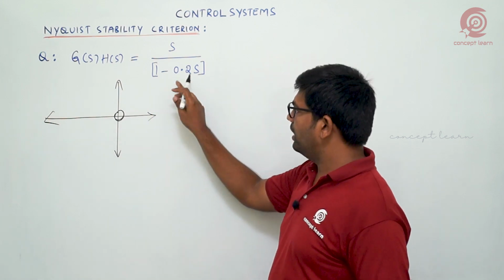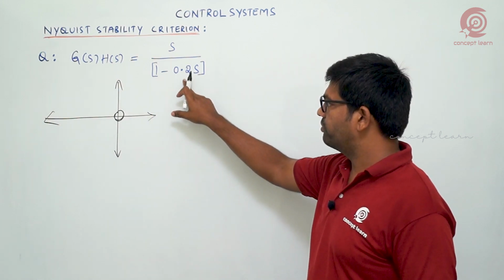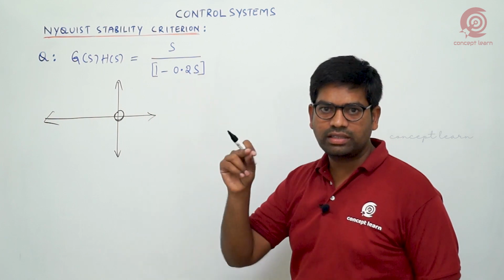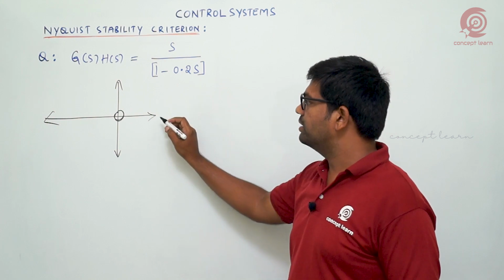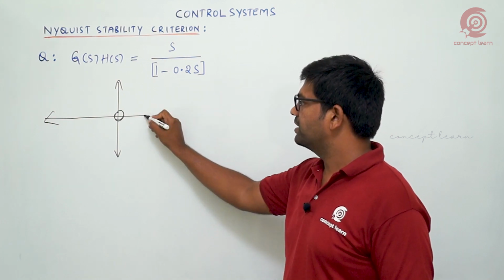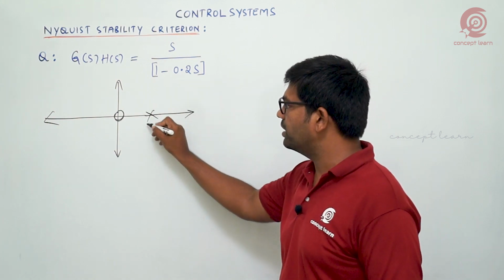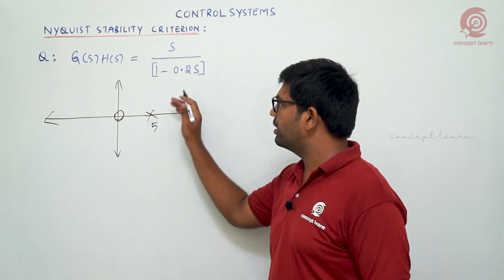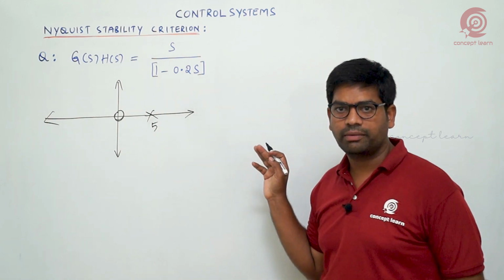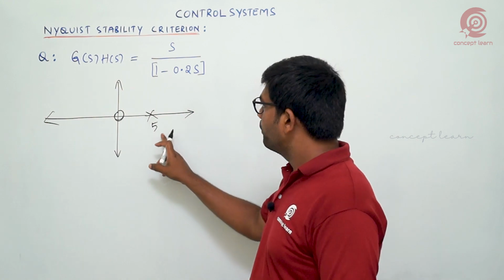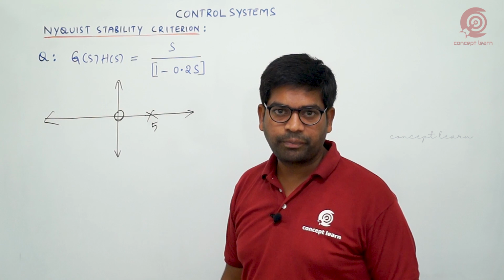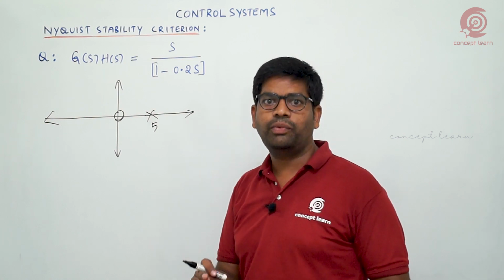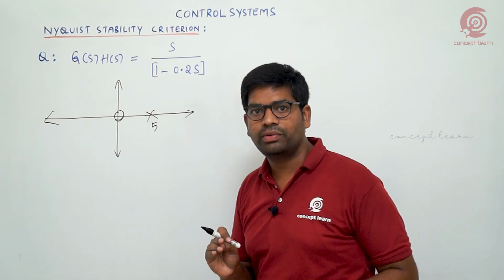If you equate the denominator to 0, we get the open loop pole location at exactly plus 5. Plus 5 means it is located in the right hand side of the S plane. So here one pole is located in the right hand side of the S plane. It is in a different mode when we compare with the previous example.